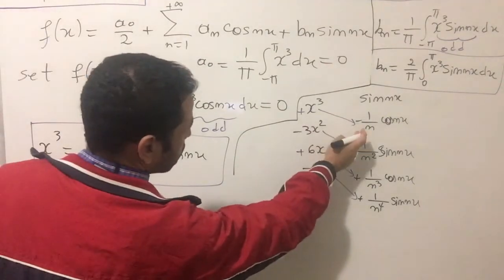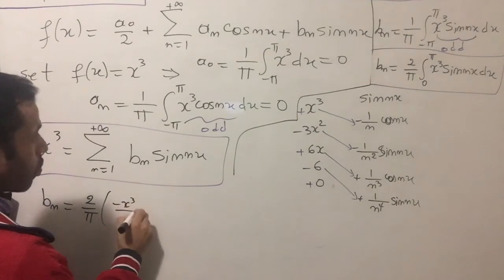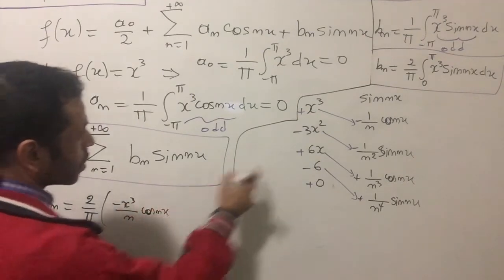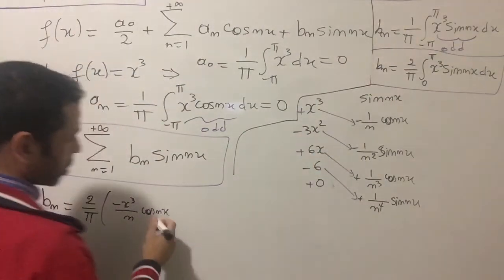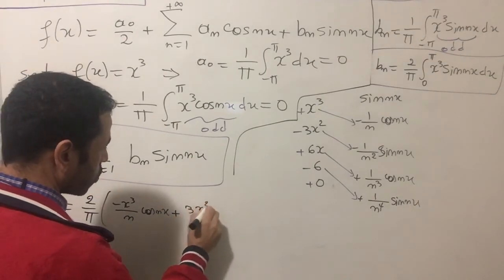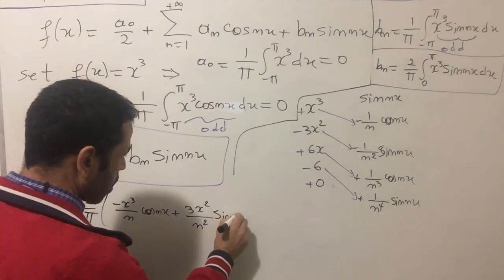This one multiplied by this one gives us minus x cubed over n multiplied by cosine nx. The second term, minus sign with the minus sign, gives us plus sign, plus 3x squared over n squared multiplied by sine nx.